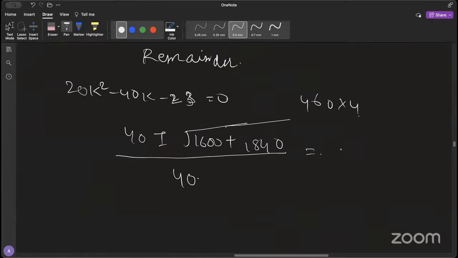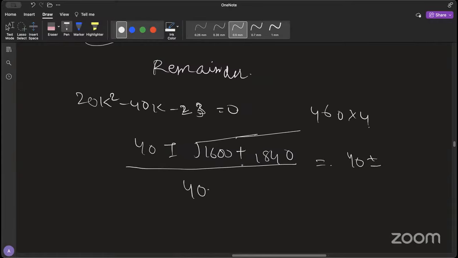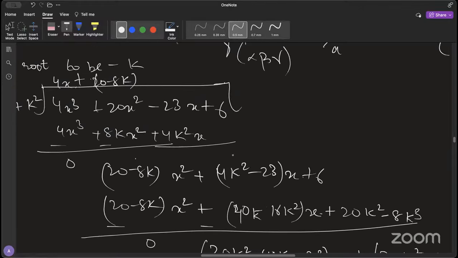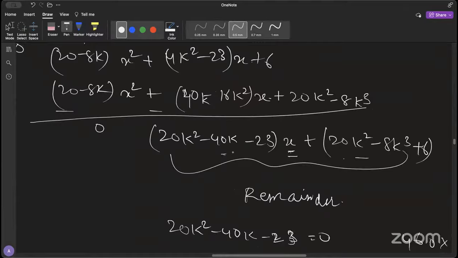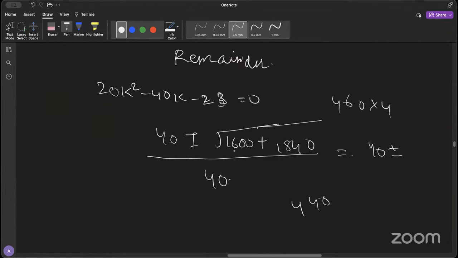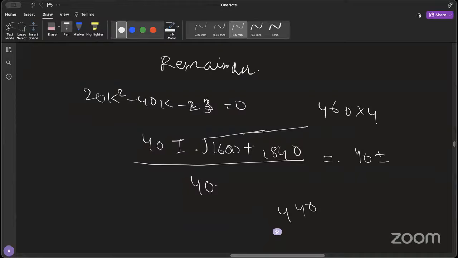This is just calculation heavy, a lot of calculation. Can someone calculate the square root of this thing? I don't think this is a perfect square. It's coming to 58.65. It's not a perfect square.